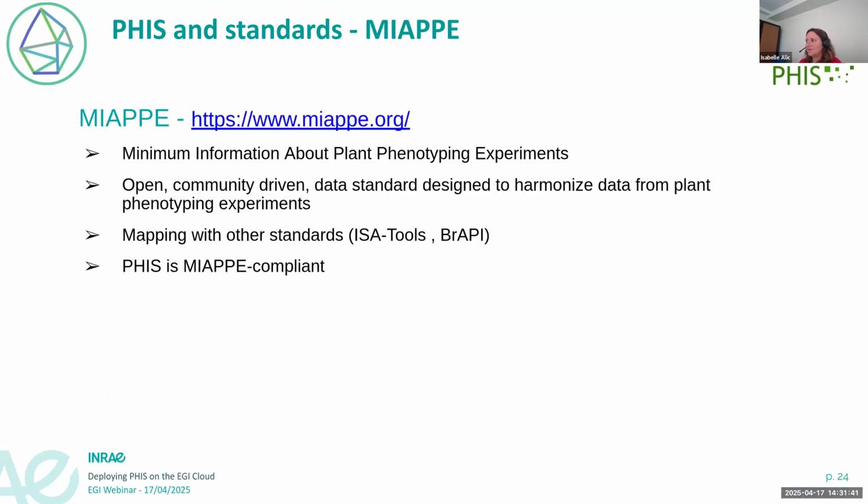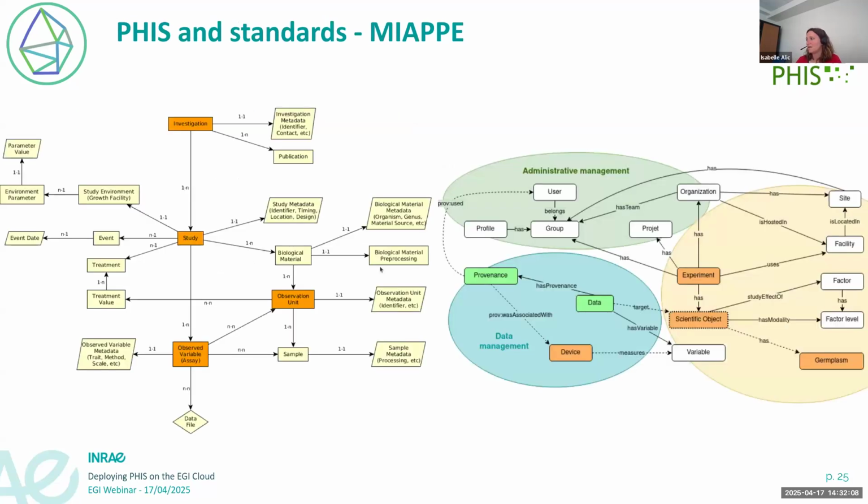Another link we have: when we built PHIS, we built it linked to MIAPPE. MIAPPE stands for Minimum Information About Plant Phenotyping Experiment. It's also a data standard that tells you how to describe your experiment, and this standard is mapped with other standards, like the Breeding API, which we already talked about, and also ISA tools. So PHIS is MIAPPE term compliant. Here is the small map I showed you of the different PHIS concepts.